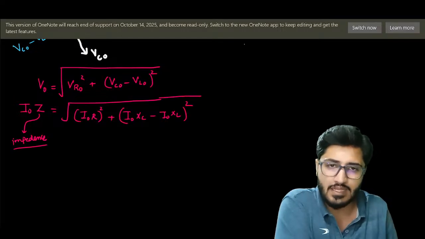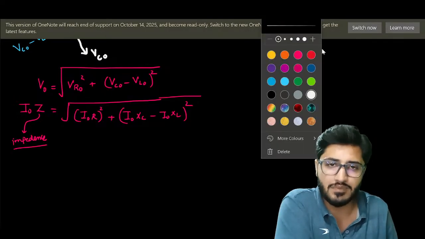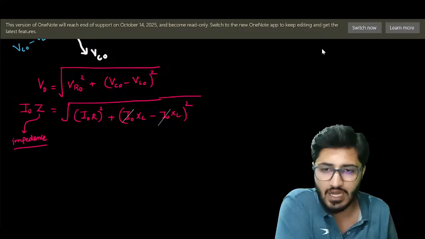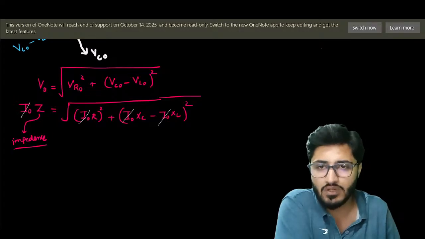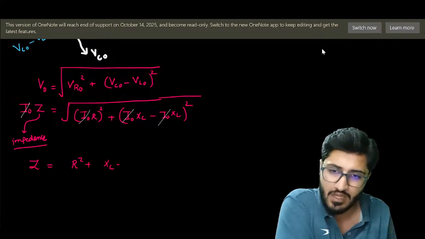So I can cancel out I naught. Look now, I can get something. My net equation came out to be the impedance of the circuit, Z equals root of R square plus XC minus XL whole square.